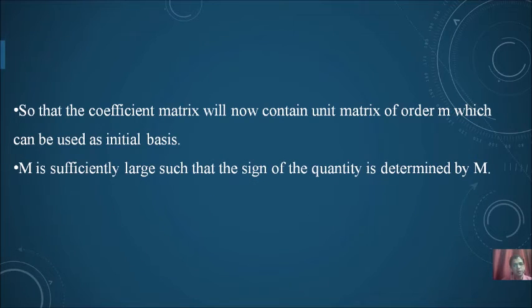M is sufficiently large, as I already told you, such that the sign of the quantity is determined by M. The meaning of this is that when we decide the entering vector, we calculate zj minus cj. If zj minus cj is not less than or equal to 0 for all j, then we search for the maximum value of zj minus cj.